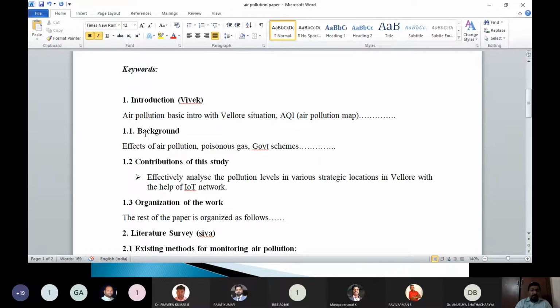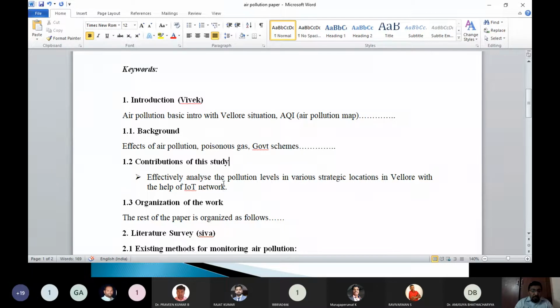So the background should highlight that. And people actually miss this particular part, contributions of the study. Because most of the times, in the papers which I have reviewed, this is the most important thing which is missing, and this is being expected.